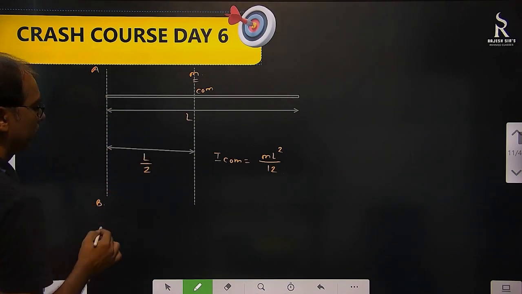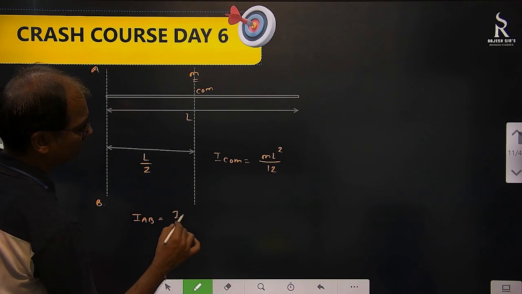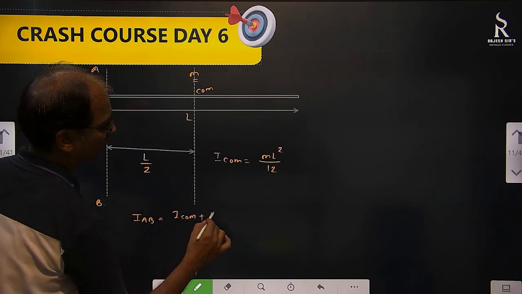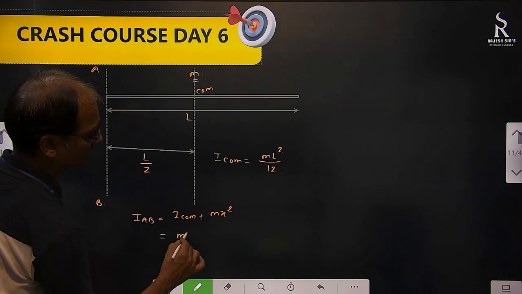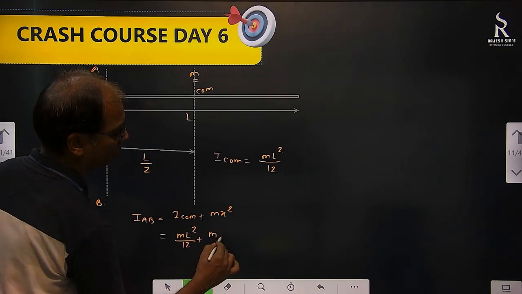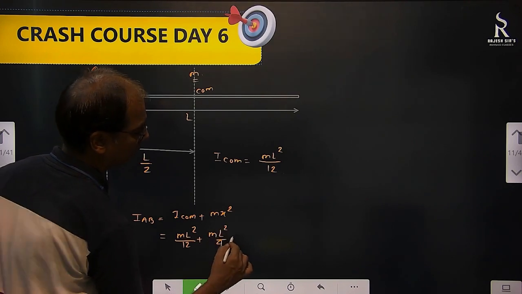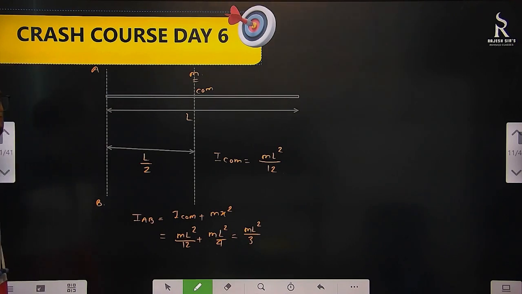So what will be IAB? IAB is I center of mass plus mx square. What is x here? L by 2. So ml square by 12 plus m into L by 2 whole square, which means ml square by 4. The answer is ml square by 3. Standard. We should remember that. Same way, suppose somewhere else we have to find.